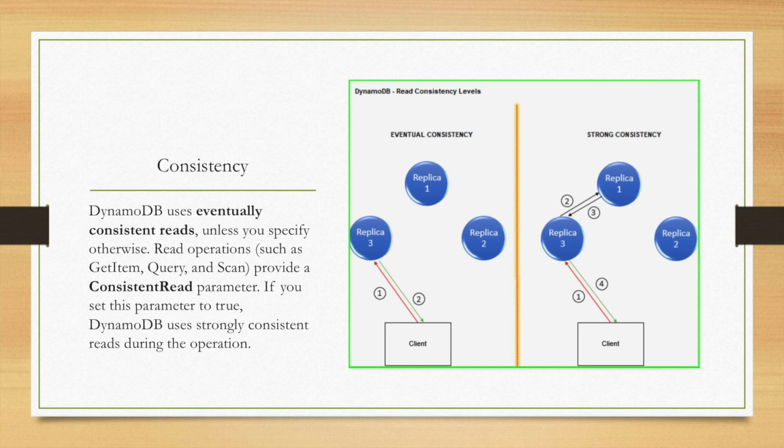But after some time, all the replicas will be the same. This is eventually consistent read. It also provides consistent read, strong consistency. When you write to one node, it will replicate to the other nodes as well. But of course, this may have higher latency.